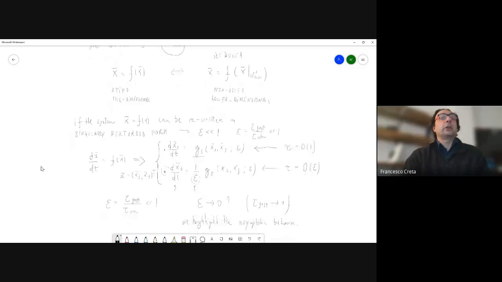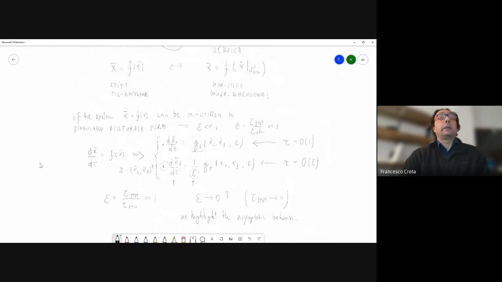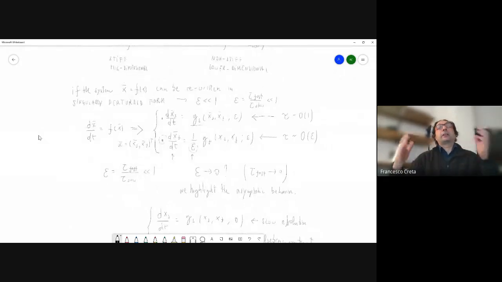Okay, so this slow manifold is an invariant manifold for the system. It is very hard to find, apart from a subset of very simple problems, one of those being the singularly perturbed form.